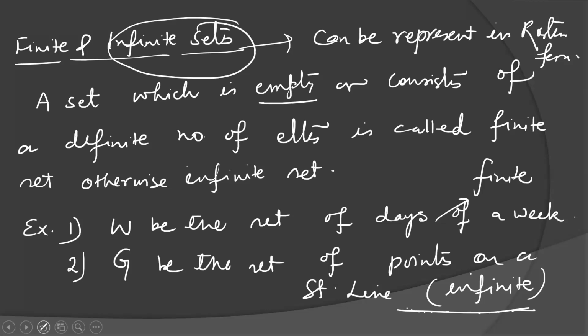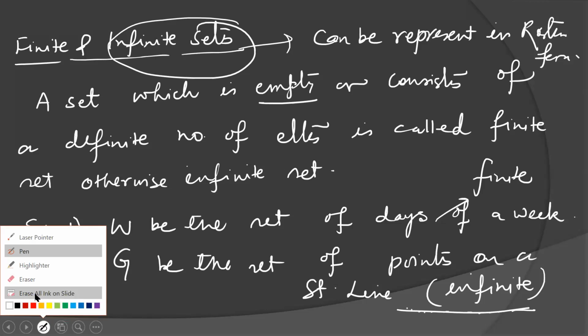Now let's see another type, which is called equal sets.